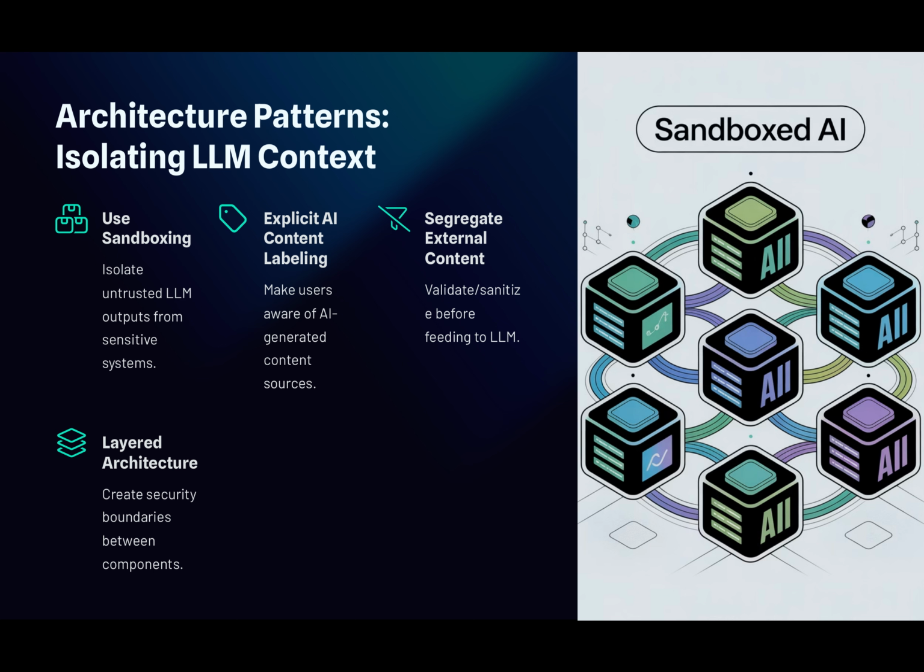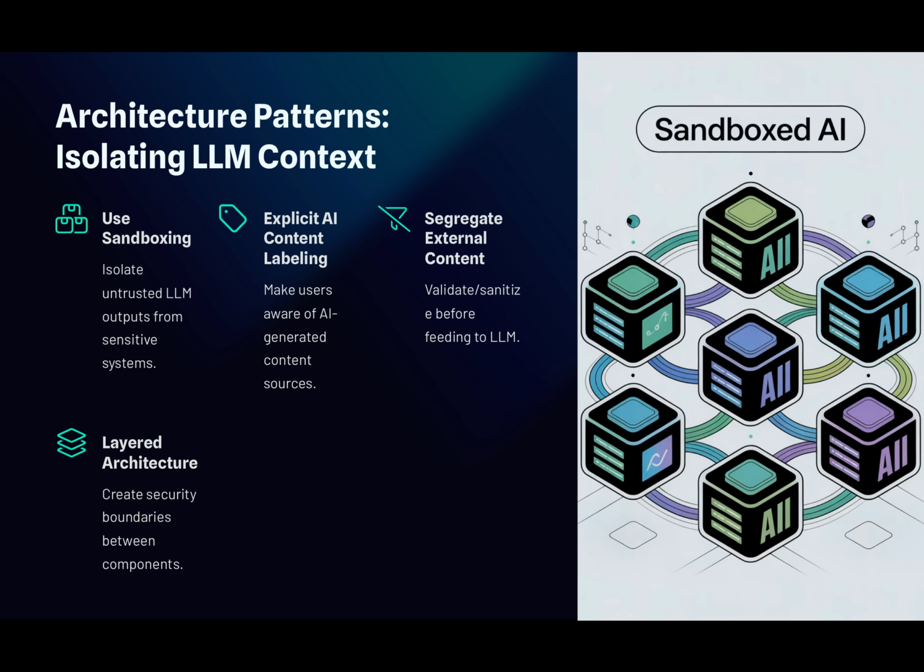When designing LLM-based applications, it's essential to implement robust architecture patterns that help isolate and manage how the model interacts with your systems. One foundational approach is sandboxing. By running LLM-generated outputs in a sandboxed environment, you ensure that any untrusted responses from the model are kept separate from your critical infrastructure, reducing the risk of those responses triggering harmful actions.